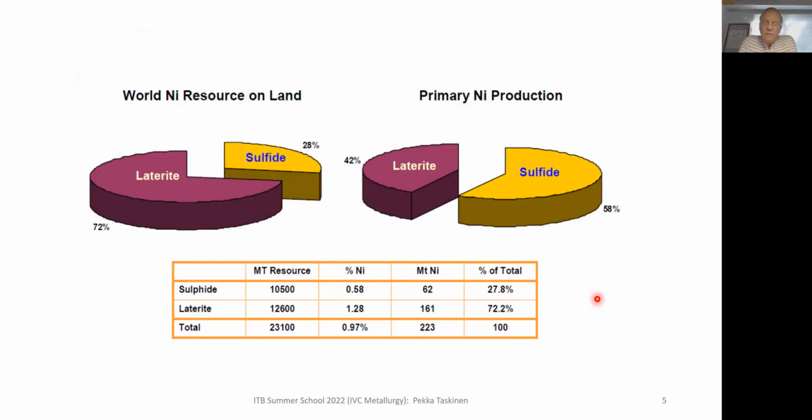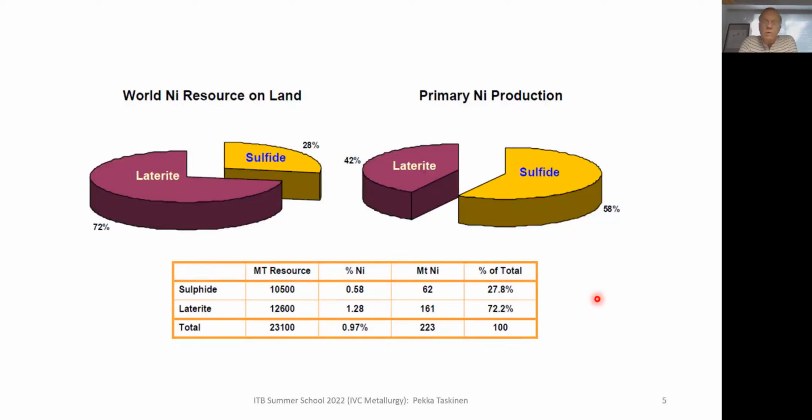So they are located independent of the climate, wherever the ore has been formed. But the share of laterites really is much larger than that of sulfides from all nickel resources.